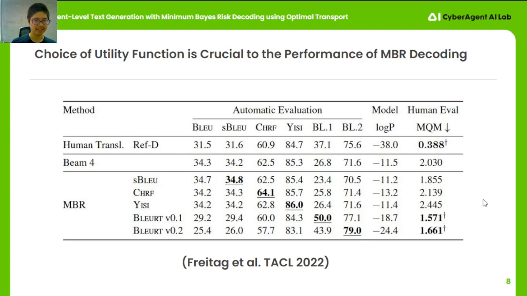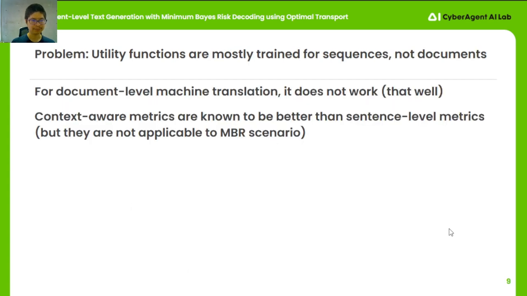What they found is that using BLEURT, which was the state of the art at the time for machine translation evaluation metric, they show that it outperforms beam search by a lot using that utility function. So what they show is that the choice of utility function is crucial for MBR decoding.